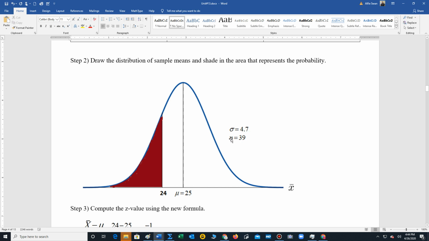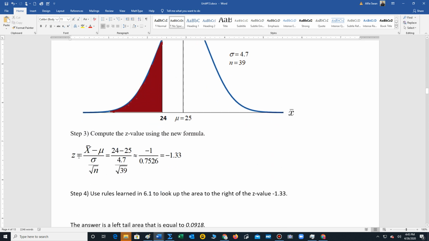Sigma is 4.7, N is 39. And just take note, anytime you're provided with an N, that's a clue that you're going to be working with the central limit theorem. And we need to find the probability that the mean, because every value on this axis is an x bar value, that the mean age of the 39 students will be less than 24.